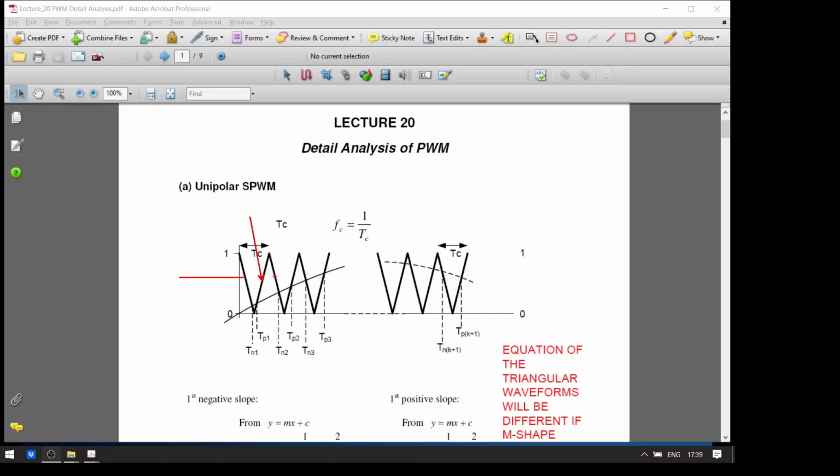So this is a positive slope, and this is a negative slope, and therefore this line is actually the first positive slope line, and that will be the first negative slope line. So this is very important, right?